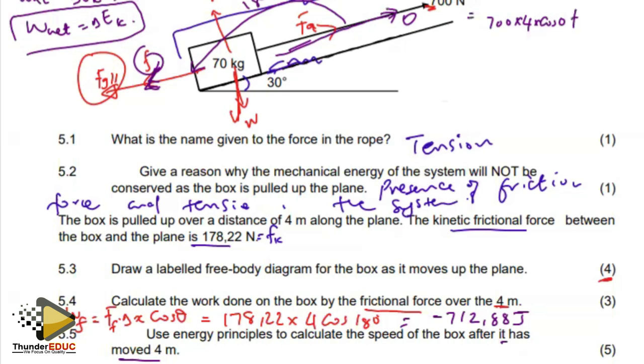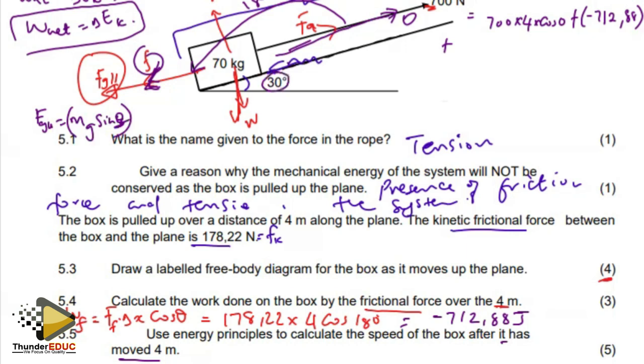And then the work done by the frictional force, we already got it as 712.88. Then plus the work done by FG parallel, we know that the force FG parallel is given as mg sine of theta. So this theta is the angle of inclination.